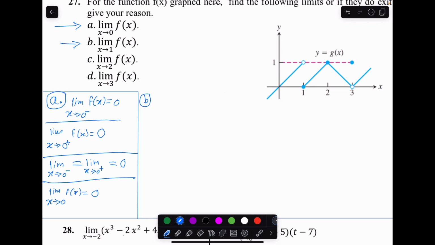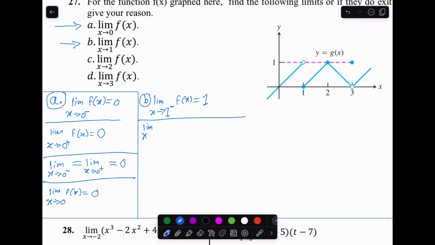Question B, limit when x is approaching 1 of f of x equals. Limit when x is approaching 1 from the left. This is y equal 1, or f of x equal 1. Limit when x is approaching 1 from the left, f of x is equal to 1.